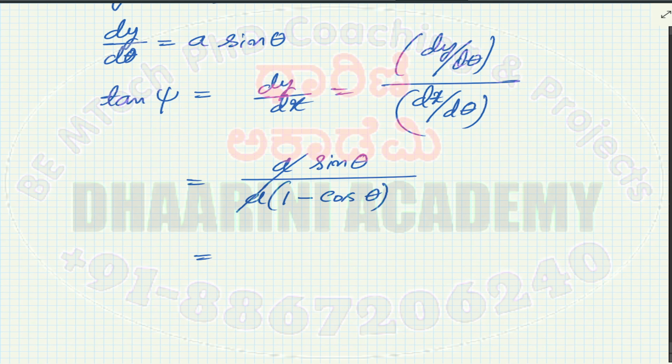So I can simply write this as square root of 1 plus cot square of theta by 2. But I know from the basics, 1 plus cot square theta is cosecant square of that angle, so theta by 2 will remain theta by 2. So that is equal to root, and the root and square will cancel, and you are left with simply cosecant theta by 2. This is the answer for ds by dx.